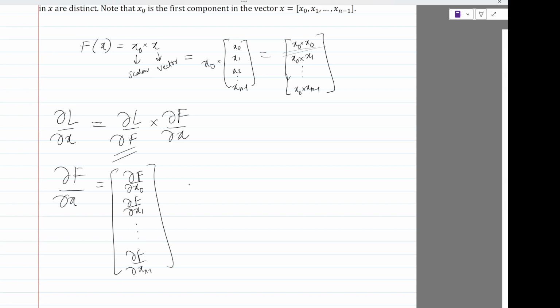So here it will be, this is x naught square, so it will be 2x naught. This is with respect to x1, so here it will be x naught, and everywhere else also it will be x naught.